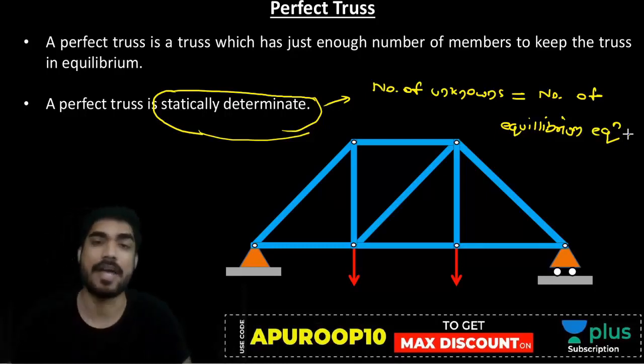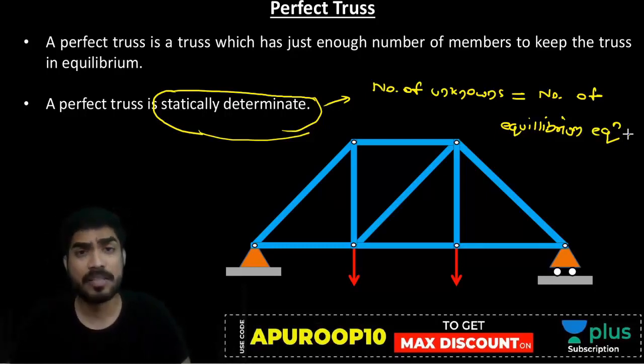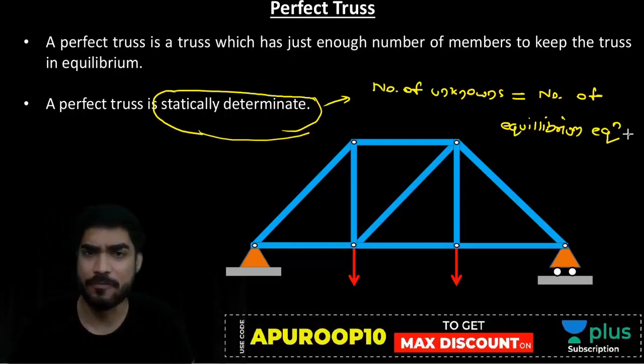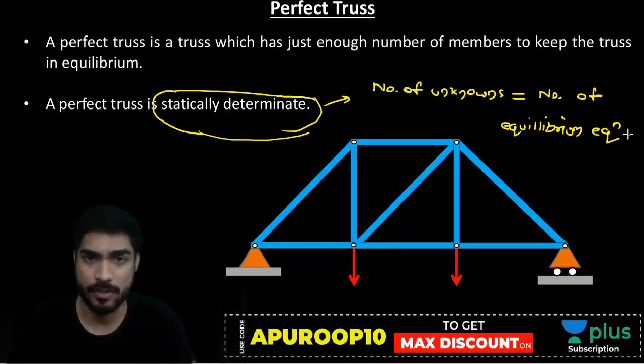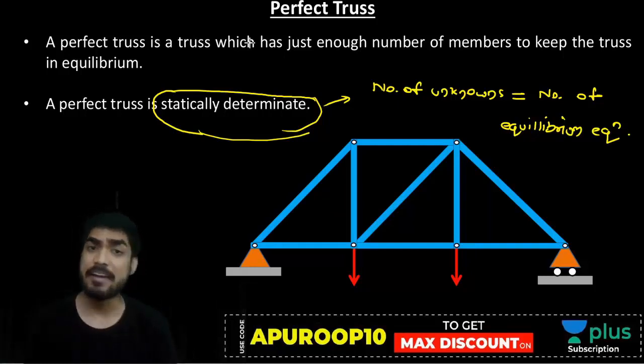Yes? Very good. Now, there must be some mathematical equation of perfect truss. How will you find whether a truss is a perfect truss or not? So there must be some mathematical relation. So let's derive that mathematical relation, okay? Although some of you might know that mathematical relation, let's derive it.